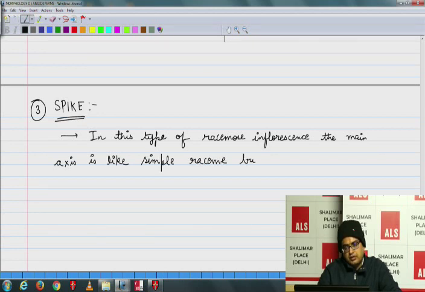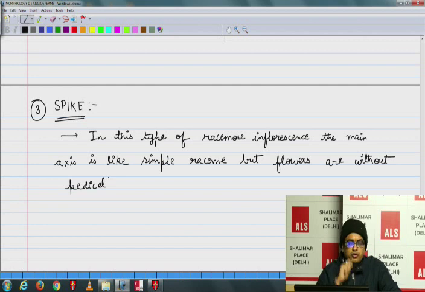The flowers are without pedicel. What do you mean by this? The flowers are there, but pedicel is not there. Sessile flowers.